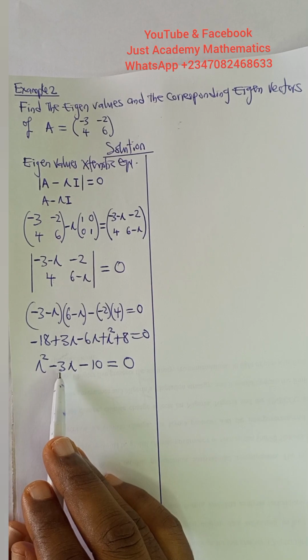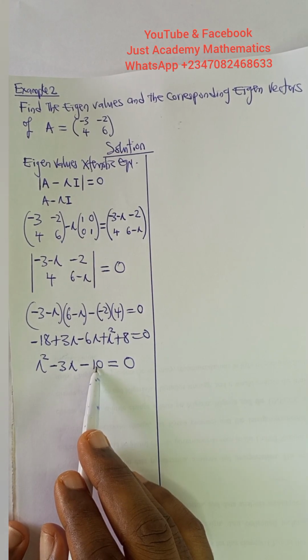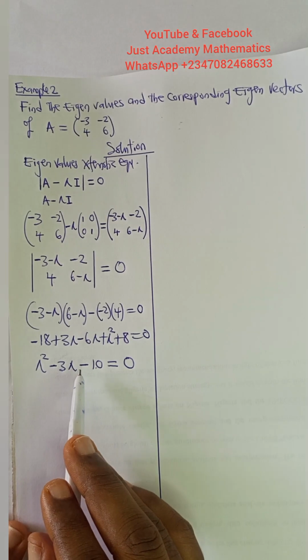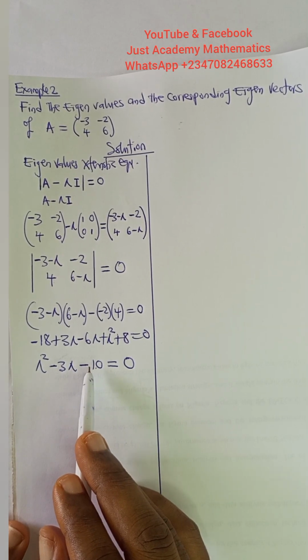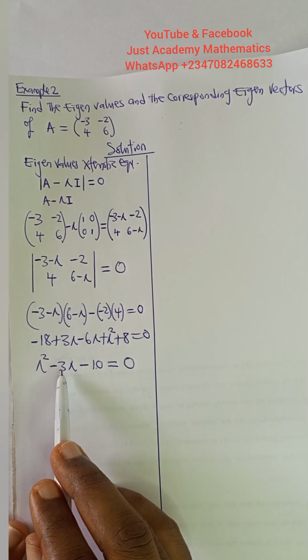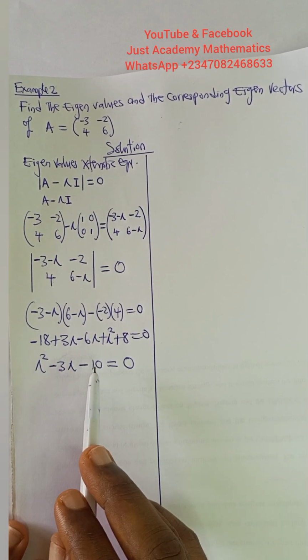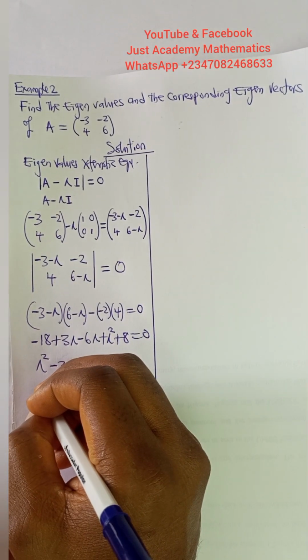We need two numbers that will add to give us minus 3 and times to give us minus 10. That should be 5 and 2. And that should be minus 5 plus 2. Minus 5 plus 2 will give us minus 3. Minus 5 times 2 will give us what? Minus 10.